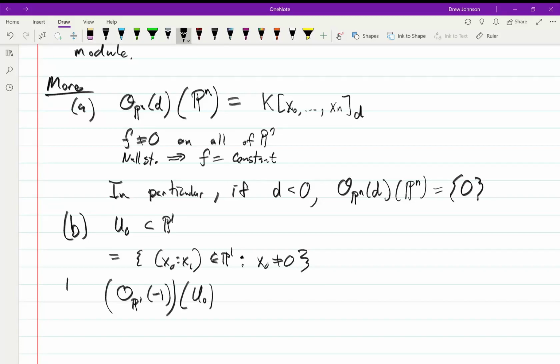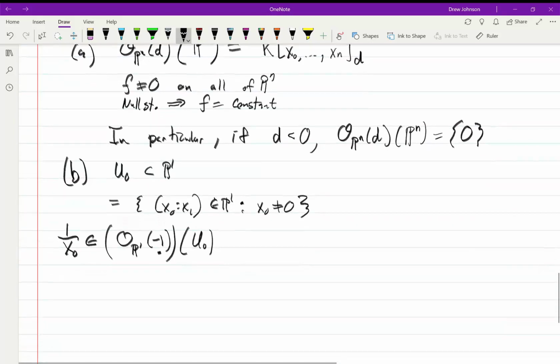Well, let me just tell you one of them: 1 over x0, right? So 1 over x0, the denominator doesn't vanish anywhere on U0, basically by the definition of U0, and this has degree minus 1, matching up, so that's good. So there's a section. Even though it has no global sections, it could still have some local sections.